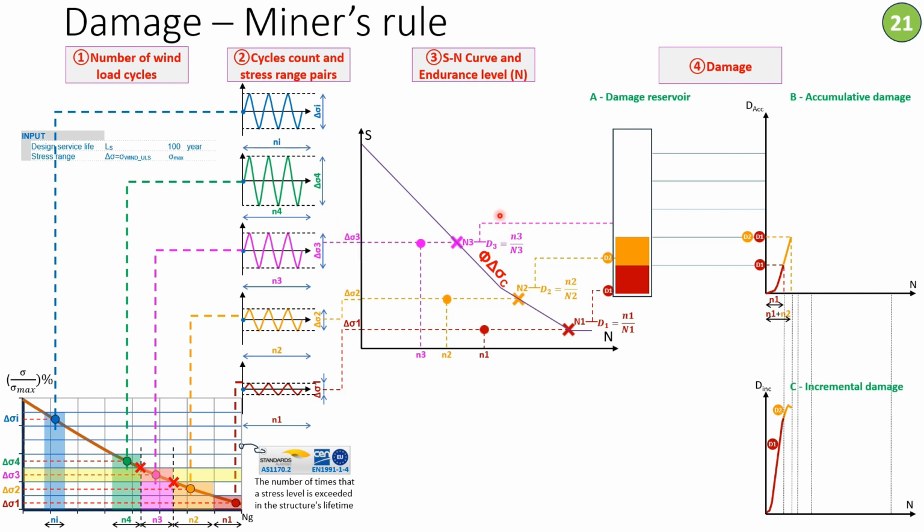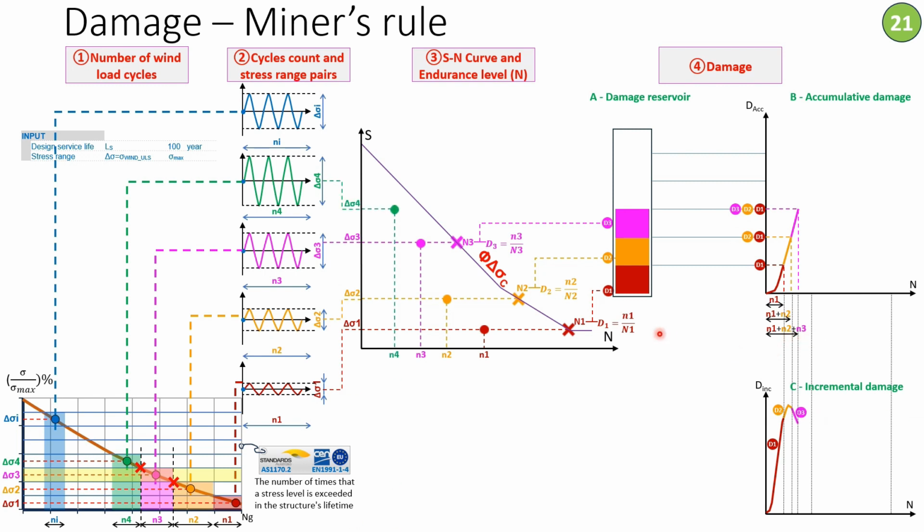The damage equals the number of cycles of delta sigma 3 divided by the number of cycles to failure for a structural detail subjected to the same stress range. We accumulate the damage and then plot the cumulative damage, which is D1 plus D2 plus D3 over a number of cycles equal to n1 plus n2 plus n3, and then we plot the incremental damage.